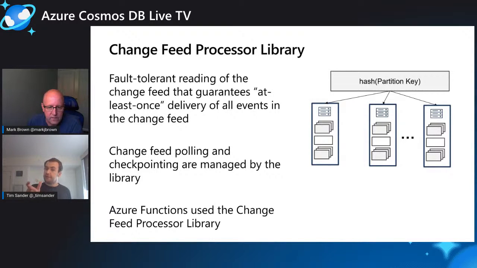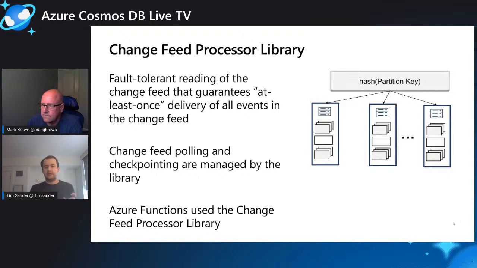Now, there is a difference, and it's in our docs, but it might not be initially apparent to you if you're just trying out the change feed processor library and functions. I had mentioned that the change feed processor library has what we call at least once delivery, at least once semantics.